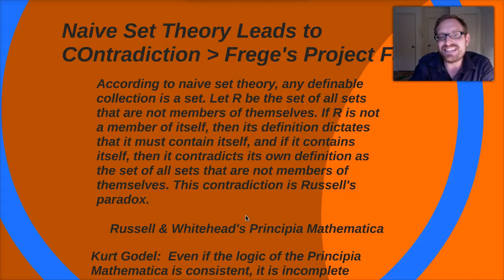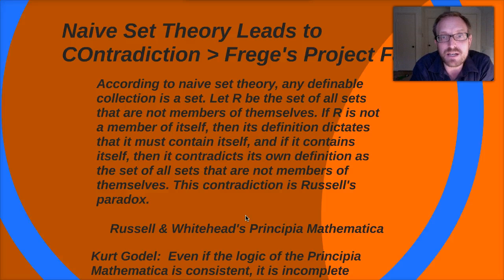According to naive set theory, any definable collection is a set, and that could be potentially infinite in size. Let R be the set of all sets that are not members of themselves. So for every set that is not a member of itself, let's make a master set for all of those sets.